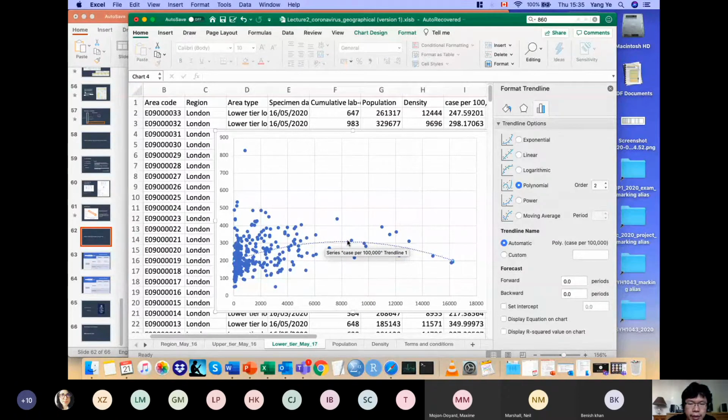But after that point, as the density goes up, it is possible that the infection rate goes down, probably because people are more aware of the density of the local authority and they don't go out as much. But again, this doesn't really tell us how well these trend lines fit.